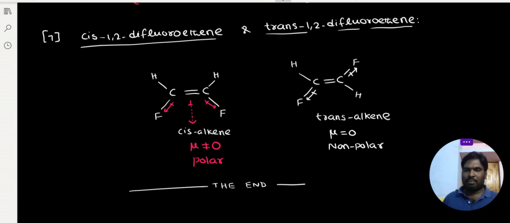We have completed one problem also, percentage ionic character equal to mu observed by mu calculated, and we have learned 7 applications. Clear? So this is a useful concept, very, very important for NEET and JEE.